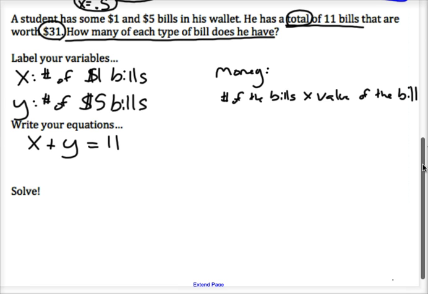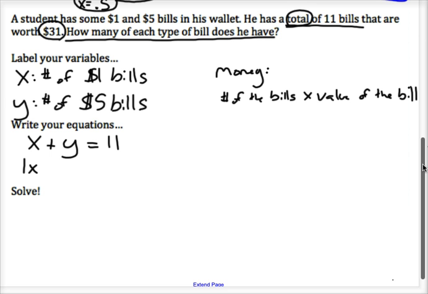So that's how we're going to construct this when we're talking about money. We're going to be talking about how much the bill is worth, and then how many of those bills we have. So for the $1 bills, the value of the $1 bills is $1, and we have x of them. So in terms of those, we're going to have 1x dollars.